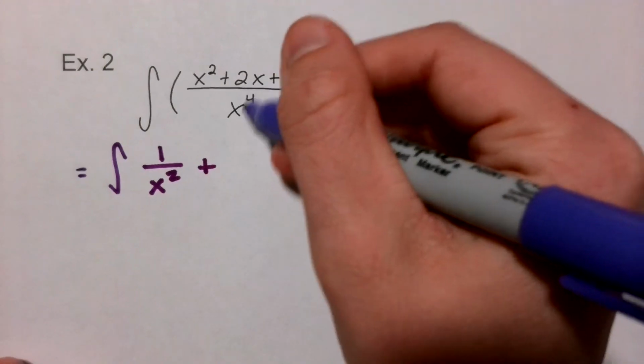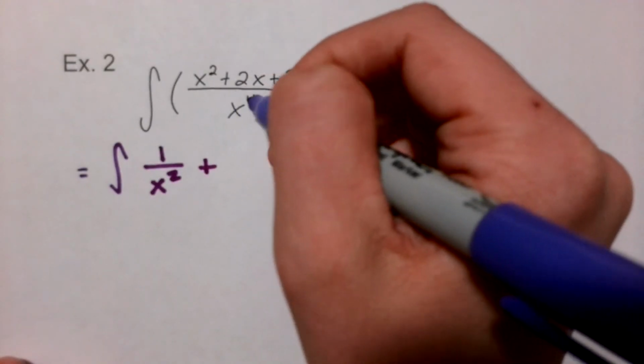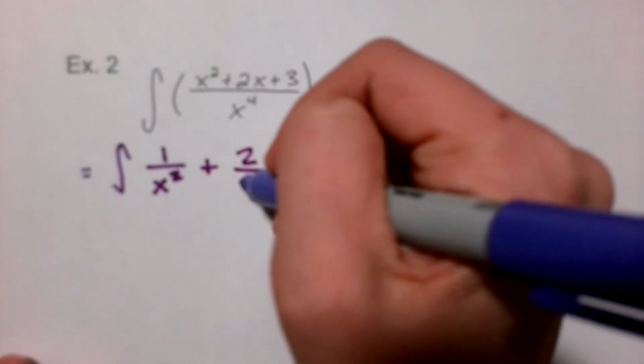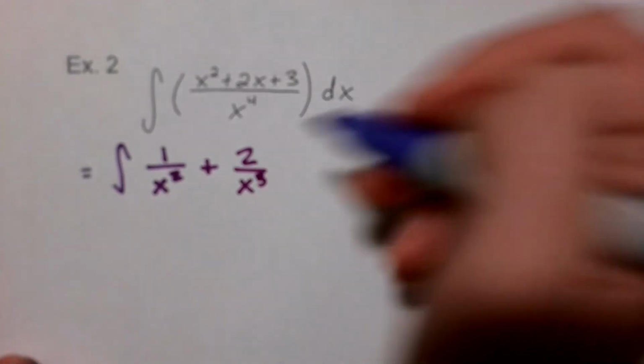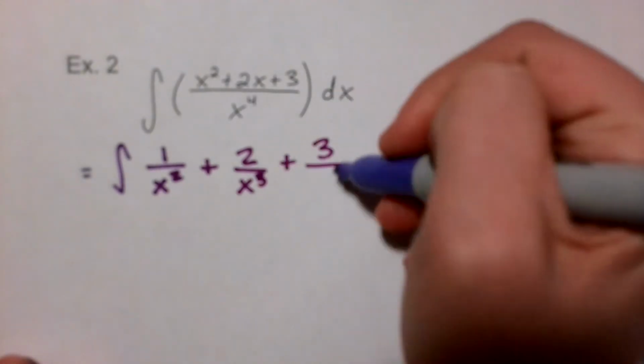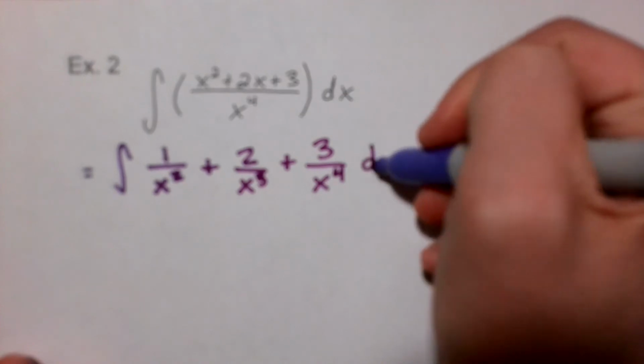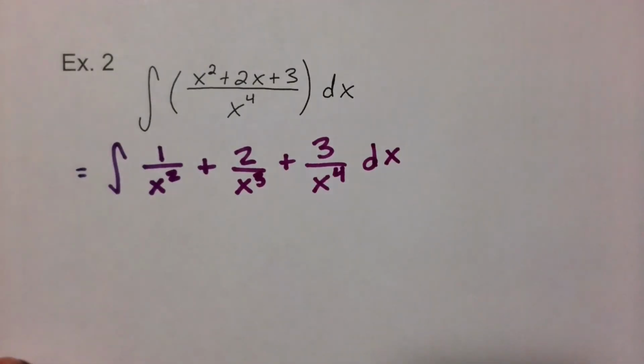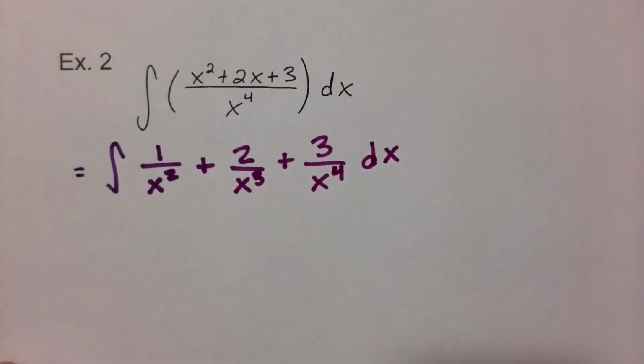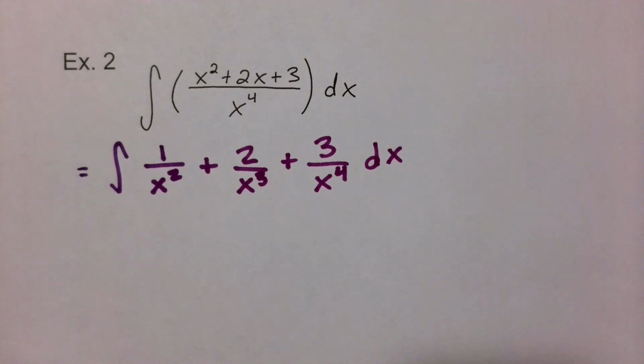I've got my 2x over x to the 4th, so if I canceled, I'd end up with a 2 over x to the 3rd. And then I have a plus 3 over x to the 4th. So it's not looking great, but still the same process that we used for derivatives.